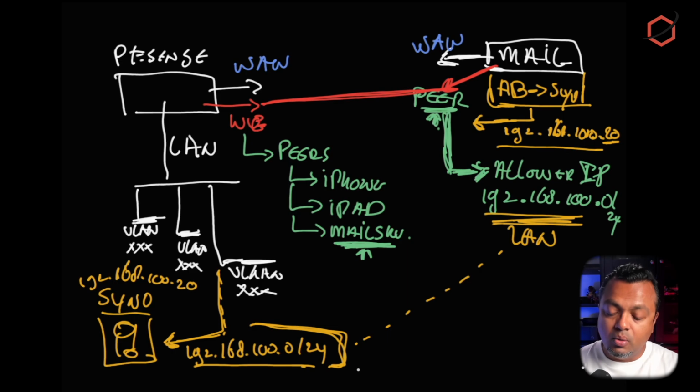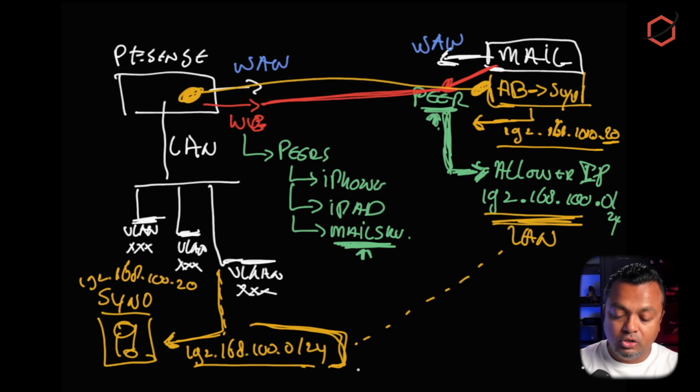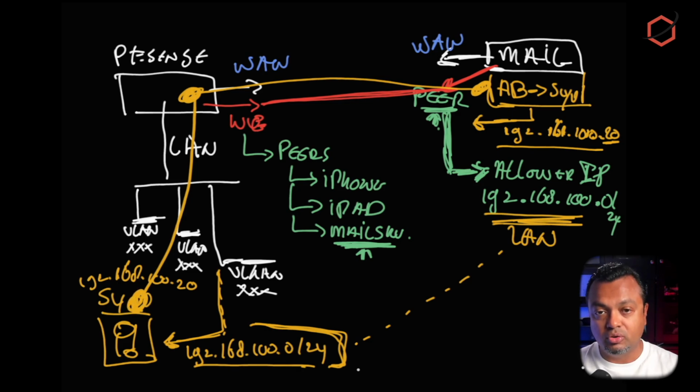And now when the system, or Active Backup, wants to send traffic to my Synology living in my LAN, what will happen is, because WireGuard has created a route on the system based on that AllowedIPs configuration, Active Backup can safely send its traffic using that WireGuard tunnel and come back to my internal LAN.